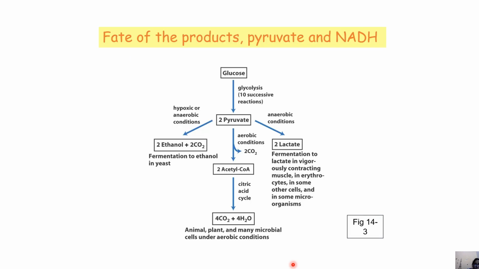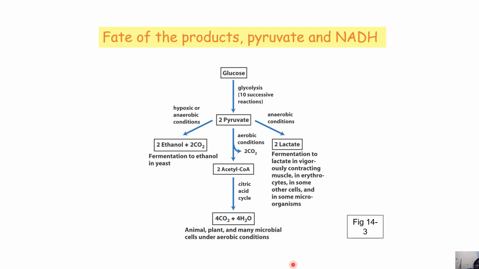So what is the fate of the products pyruvate and NADH? Pyruvate can either be converted to ethanol and carbon dioxide, which is fermentation to ethanol in yeast under hypoxic, anaerobic conditions, or it can be converted to lactate, fermentation to lactate in vigorously contracting muscle, in erythrocytes, in some other cells and in some microorganisms under anaerobic conditions.